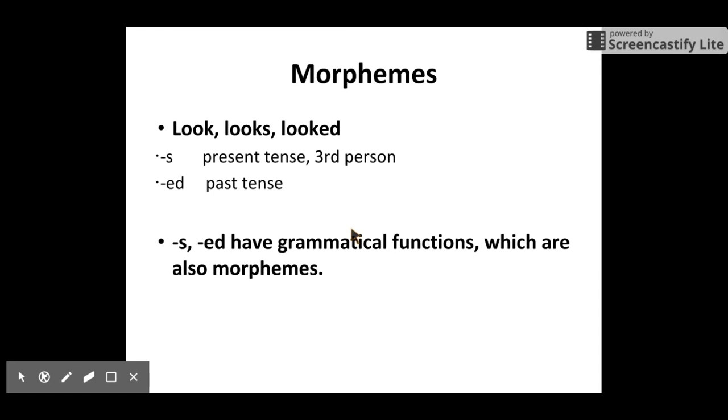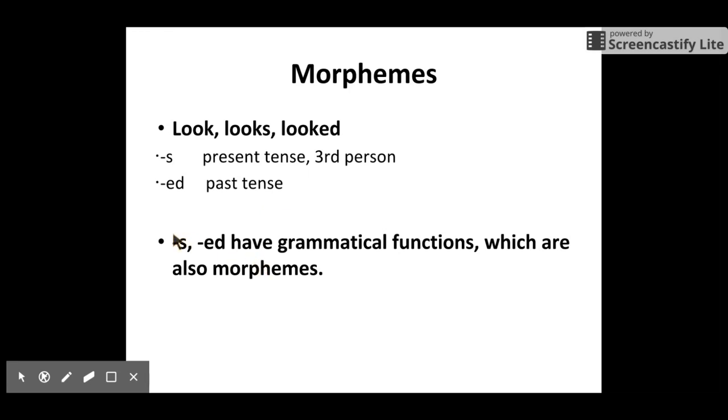The same thing applies to the ed in this word looked. This ed does not have a specific semantics. Instead, it has a grammatical function. It signifies past tense.